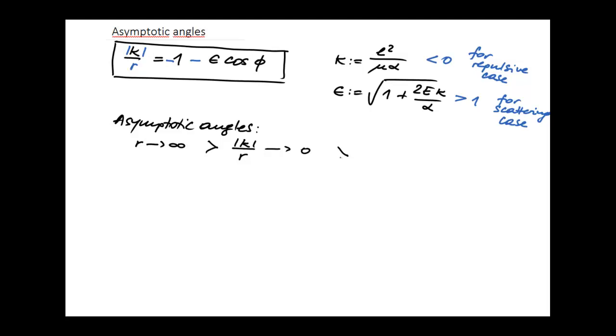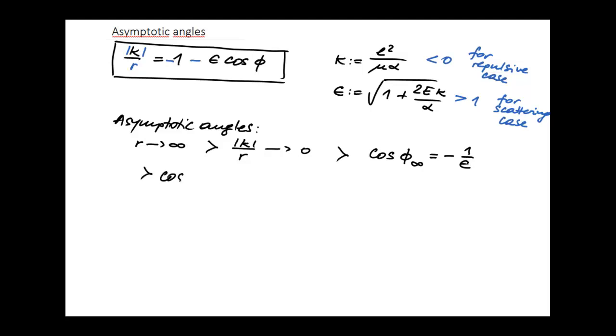And therefore the cosine of phi infinity, so this is an asymptotic angle, the cosine of an asymptotic angle must equal minus 1 over epsilon. Right, so we set the left-hand side equal to 0, we solve for the cosine of phi, and then we find this relationship here, this condition for the cosine of the asymptotic angle.